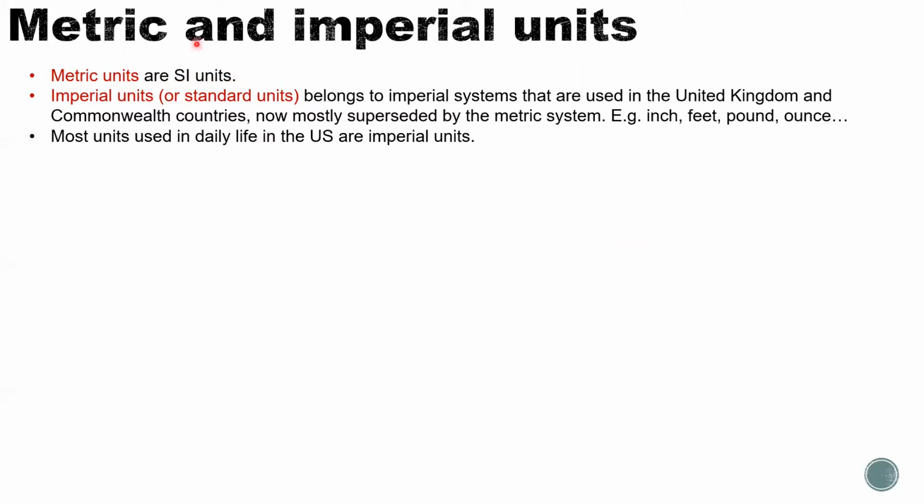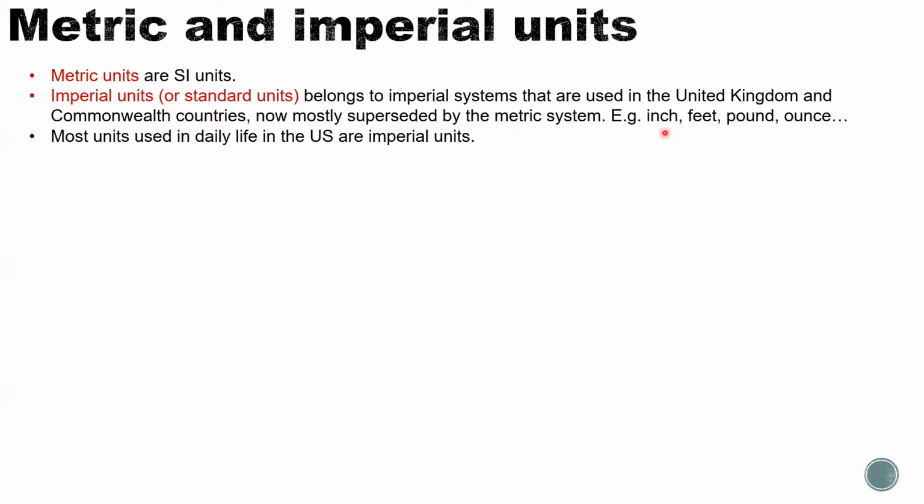It's just different names. Also, we have imperial units, or we call them standard units. This is another unit system, belonging to the imperial system that was used in the United Kingdom and Commonwealth countries in old times, but is now mostly superseded by the metric system.